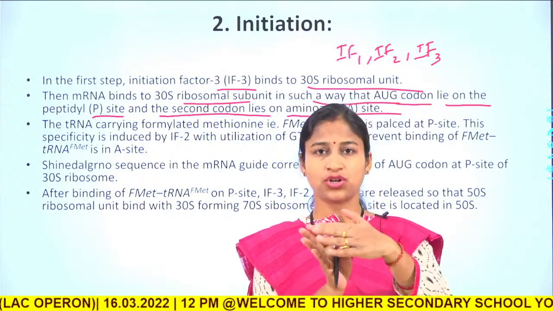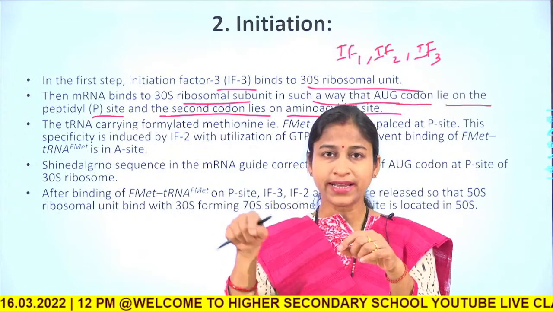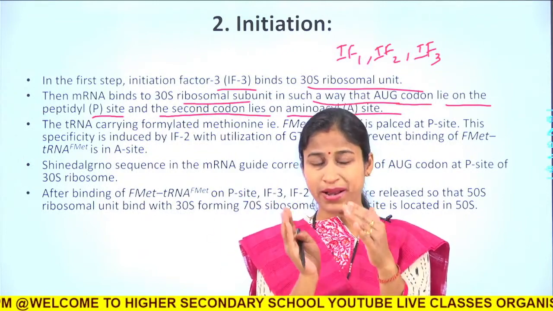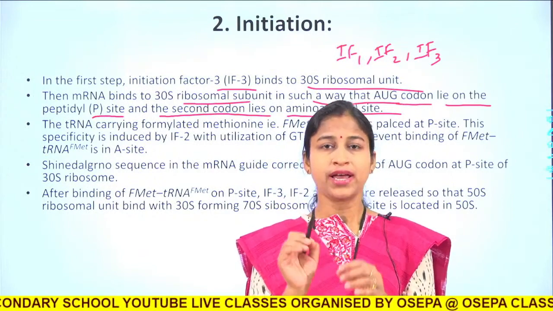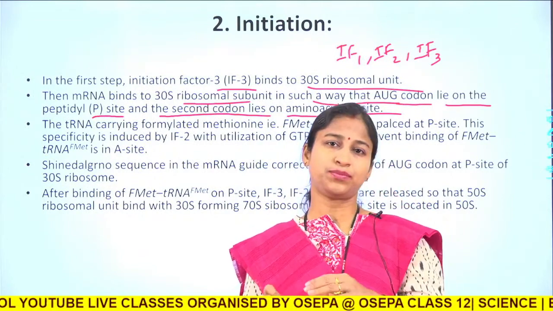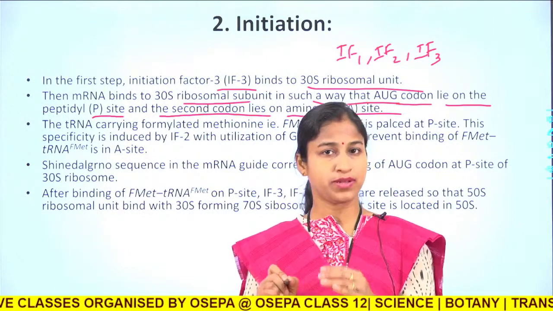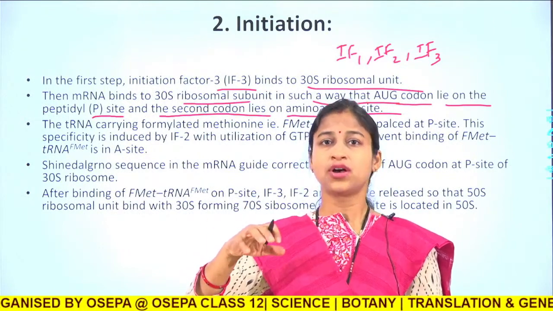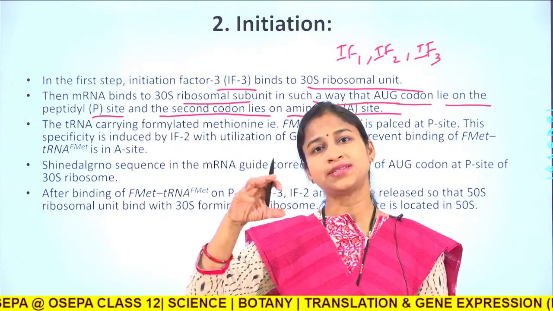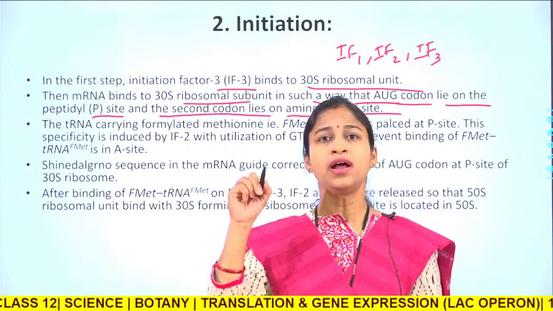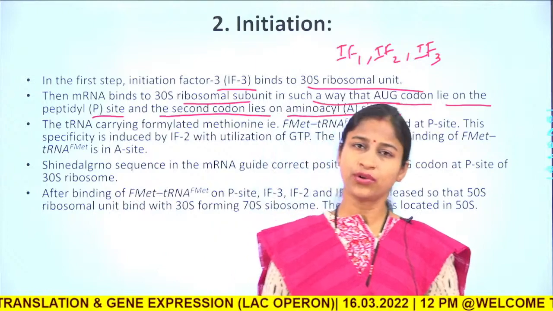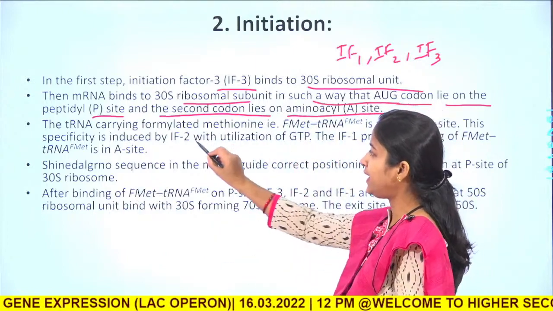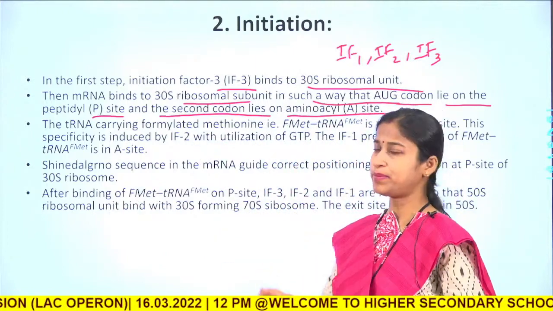With this interlocking, the 30S ribosomal subunit is placed in such a way that the first codon AUG occupies the P site, and the second codon occupies the A site of the smaller ribosomal subunit, that is the 30S, or 40S in case of eukaryotes.